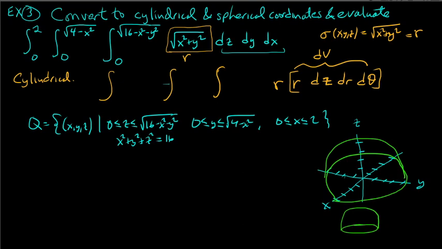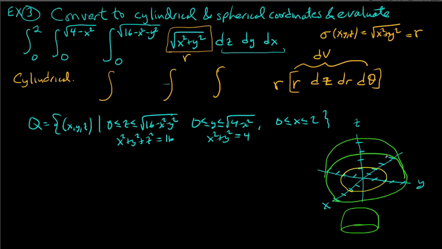Right, and now y is doing what? Y is going from 0 to the square root of 4 minus x squared, which is just the circle. But notice the circle is radius 2 here. And we're only going where y is positive, right?